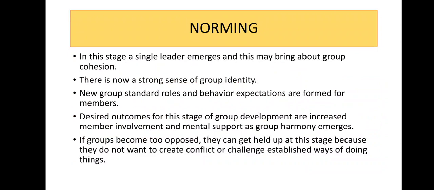If the group becomes too opposed, they can get held up at this stage because they do not want to create conflict or challenge established ways of doing things. So this is a stage of two outcomes. One, the bonding between the members will be increased, and it creates acceptance among the members, and a satisfaction in the minds of the group members, feeling that this is a group where we are going to work together.